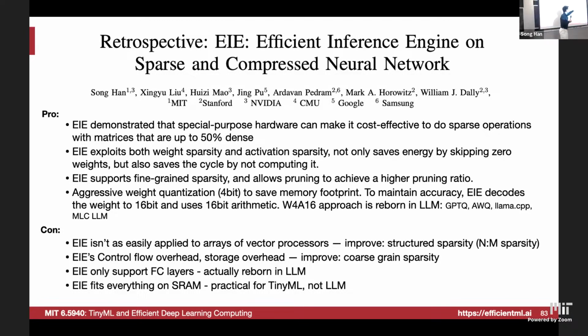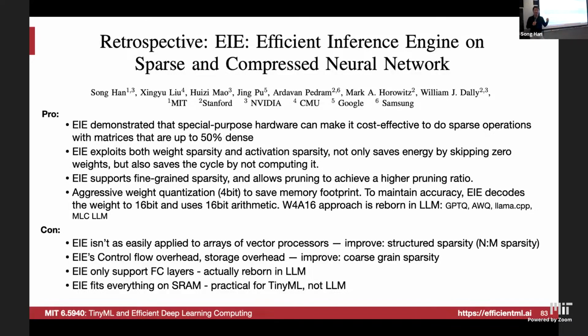We can not only save energy by skipping the 0, but also save latency by not spending the cycle to compute on it. And also aggressive quantization to 4-bit using weight sharing, which we're going to talk about in the next lecture, can save memory footprint and decode it to 16-bit.